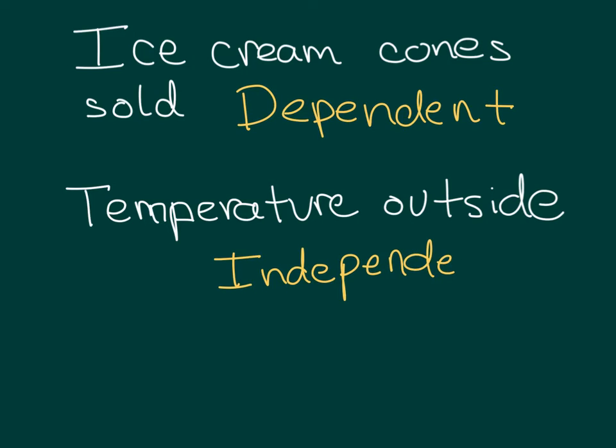So if I were to make a graph of how many ice cream cones were sold when the temperature was a certain temperature outside, then I would put on the y-axis the number of cones sold, and on the x-axis I would put the temperature outside.